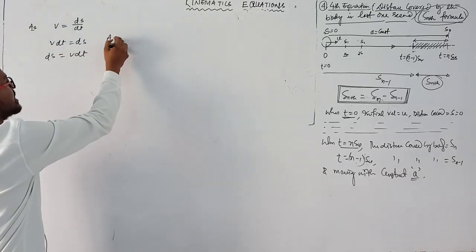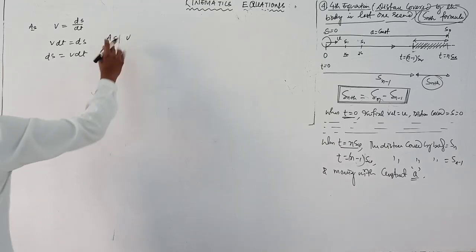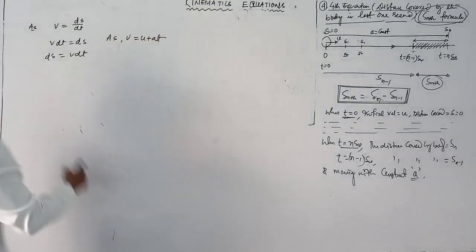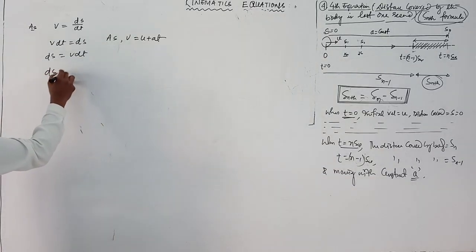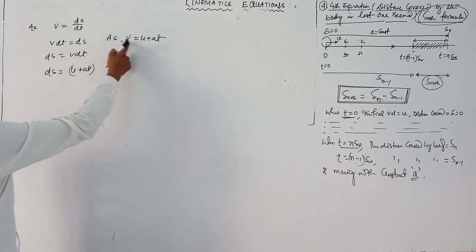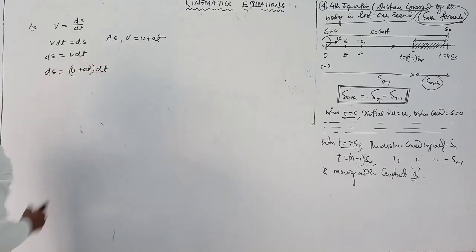As we know, for constant acceleration, the velocity attained by a body after time t is v equal to u plus at. If we use this relation here, we can write ds equal to (u plus at) into dt.